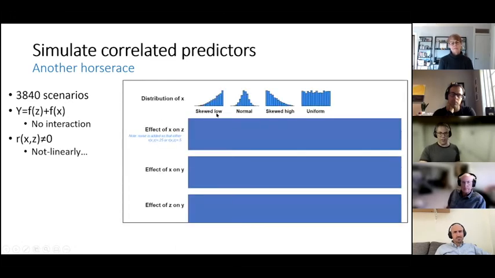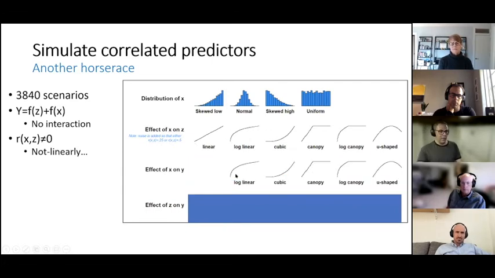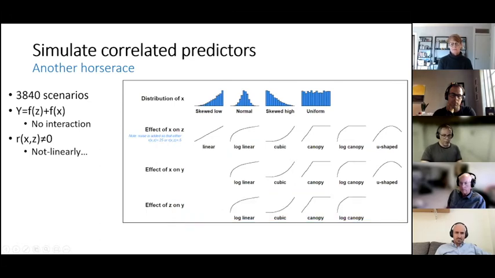So it looks like this. In this particular scenario, X is going to be skewed this way, the relationship between X and Z will be log linear, the effect of X on Y will be cubic, and the effect of Z on Y will be log. That's one scenario. There are 3,840 of those.